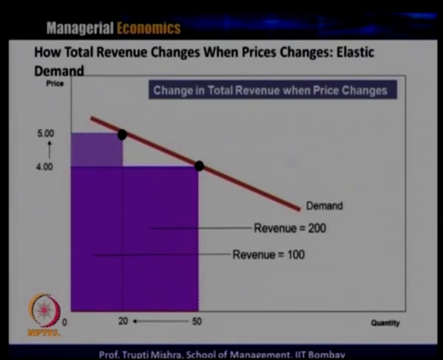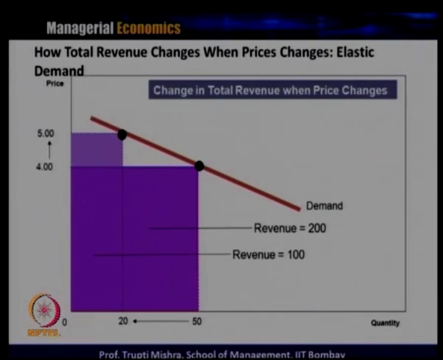Price increases from 4 rupees to 5 rupees. Look at the change in the quantity demanded. Again, remember, this is the case of elastic demand. A small change in the price will lead to a greater change in the quantity demanded. The change in the price is 25%, but the quantity demanded falls from 50 units to 20 units, a change of more than 50%.